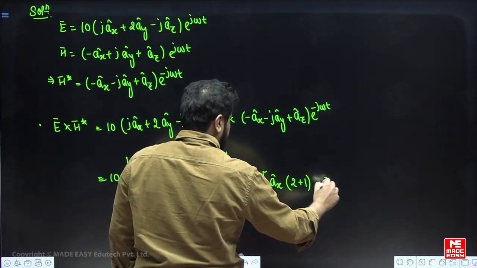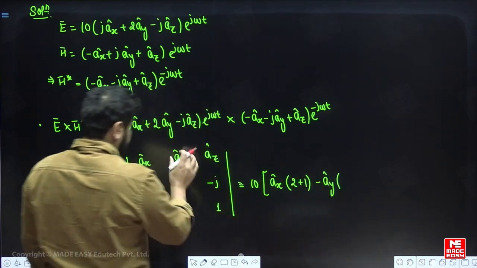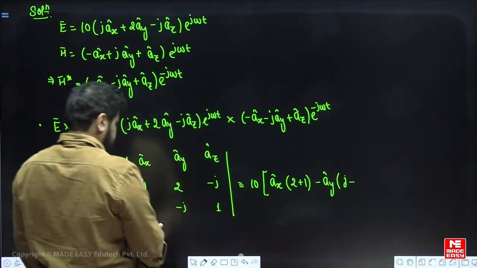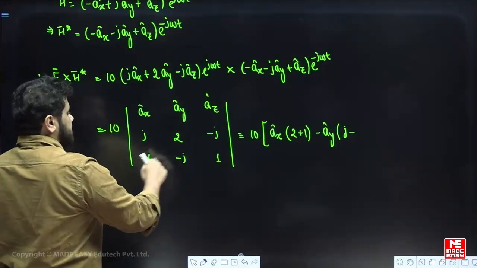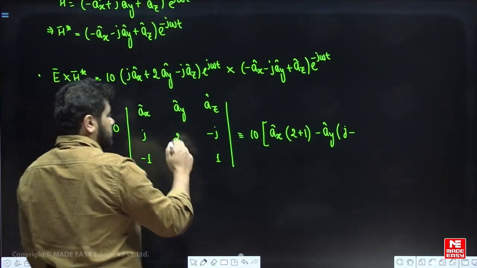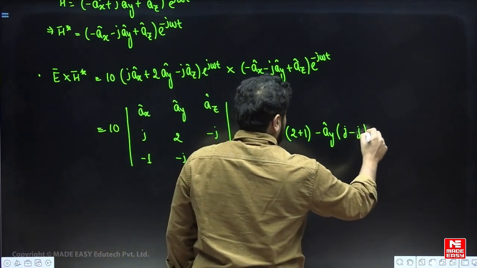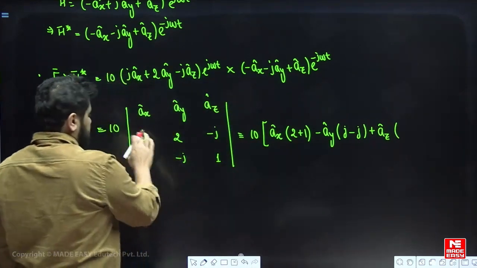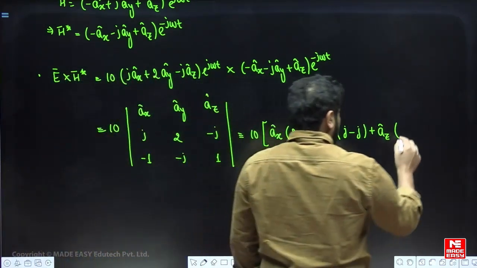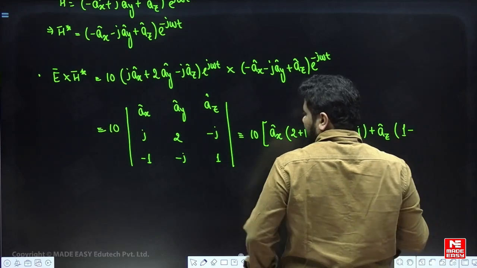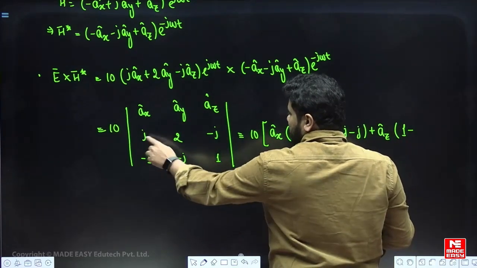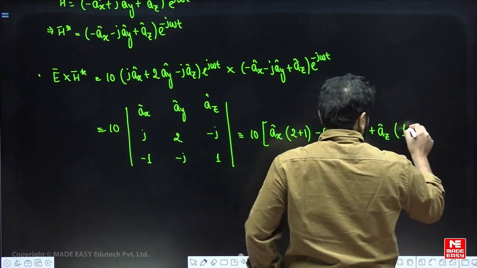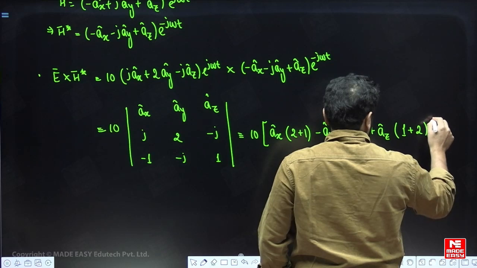Then minus AY: j into 1 is j, minus, minus minus plus, so j. Then plus AZ: j into j is minus, so minus minus plus 1, and minus 2 into minus 1 is plus 2.